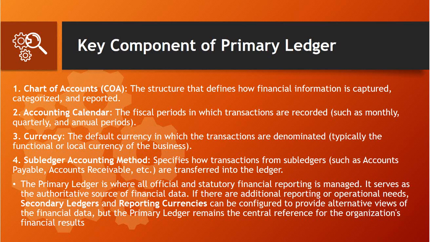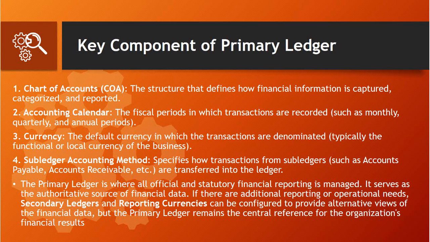Accounting calendar, the fiscal periods in which the transactions are recorded, such as monthly, quarterly, and annual periods. Currency, the default currency in which the transactions are denominated, typically the functional or local currency of the business.